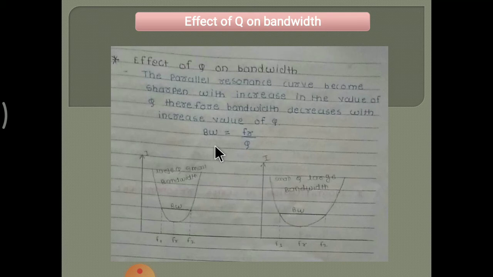So bandwidth and quality factor are inversely proportional: if large Q, then small bandwidth; if small Q, then large bandwidth, which is shown in this figure or graph.